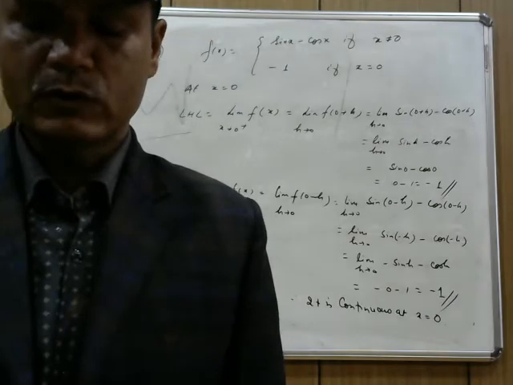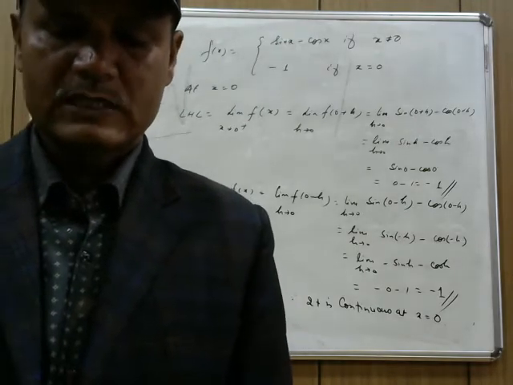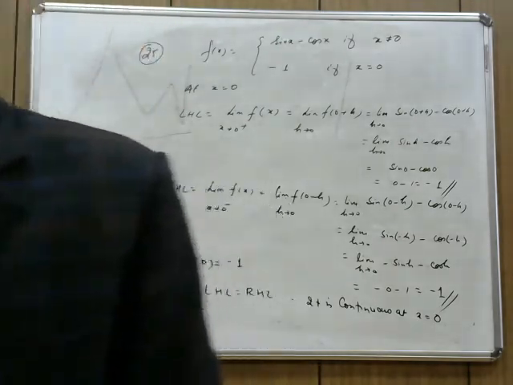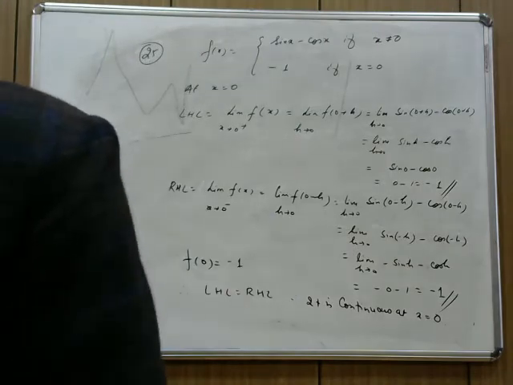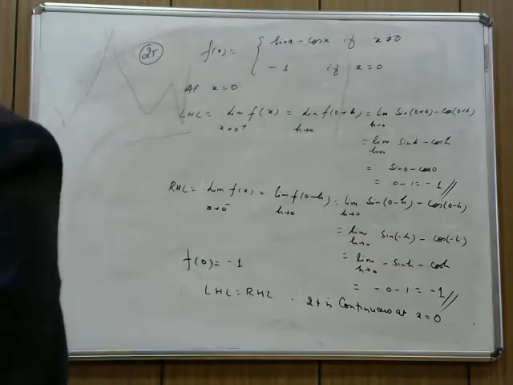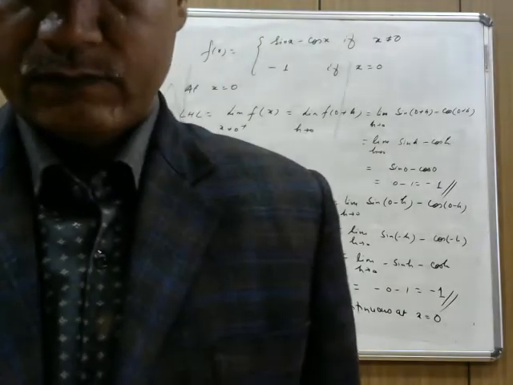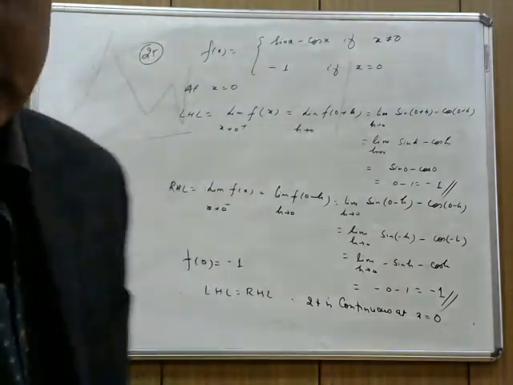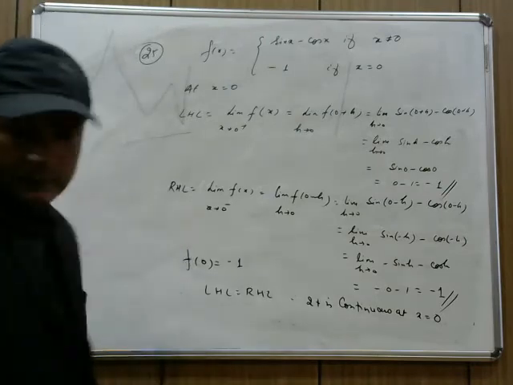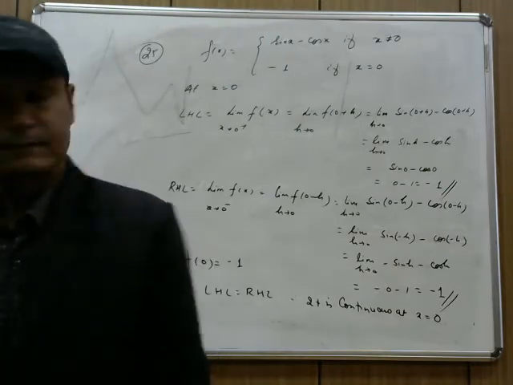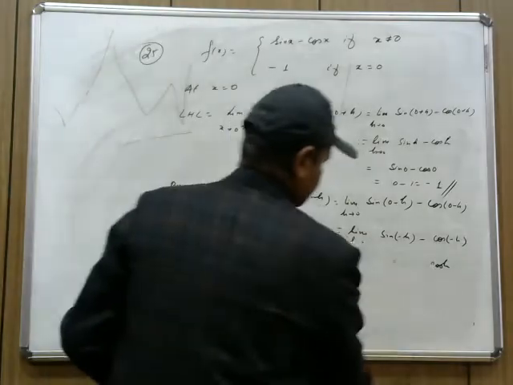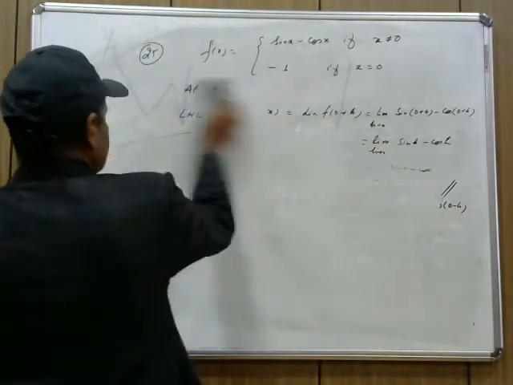Here I will be doing two questions, question number 27 and 30, right? The question number 27 is f of x is equal to kx square.